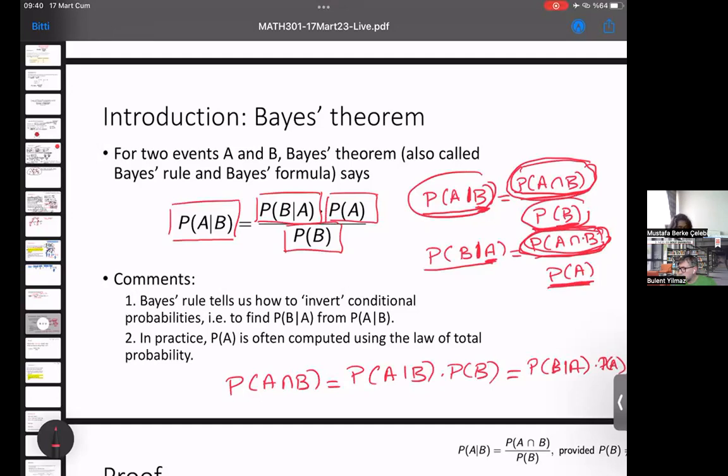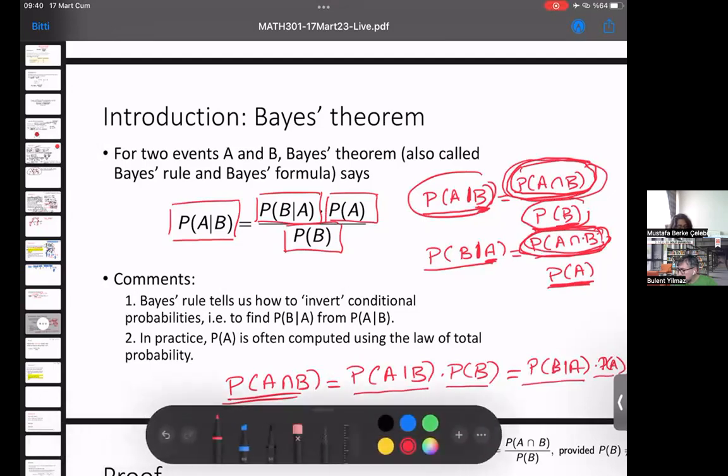I'm using the same common factor here, and I say now they are the same thing. P(A|B) times P(B) and P(B|A) times P(A) are equal to the same thing.